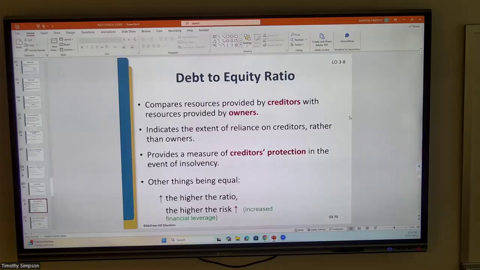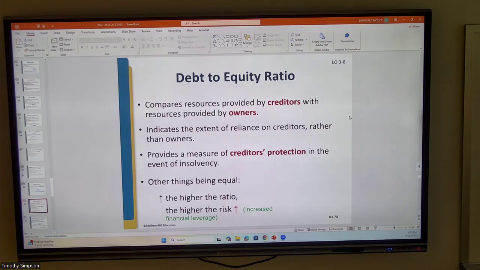The debt to equity ratio, I think, is probably even more important than the debt service coverage ratio, that is the times interest earned, because it compares how much of the business is funded by debt and how much is funded by equity, however you want to look at it. Remember, the right side of the balance sheet is what we call the equities side.